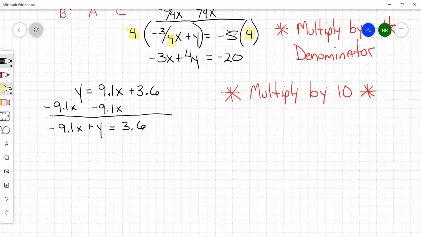So if we take this whole left side and multiply it by 10, and the right side by 10, 10 times negative 9.1 is negative 91, right? x plus 10y equals 36.